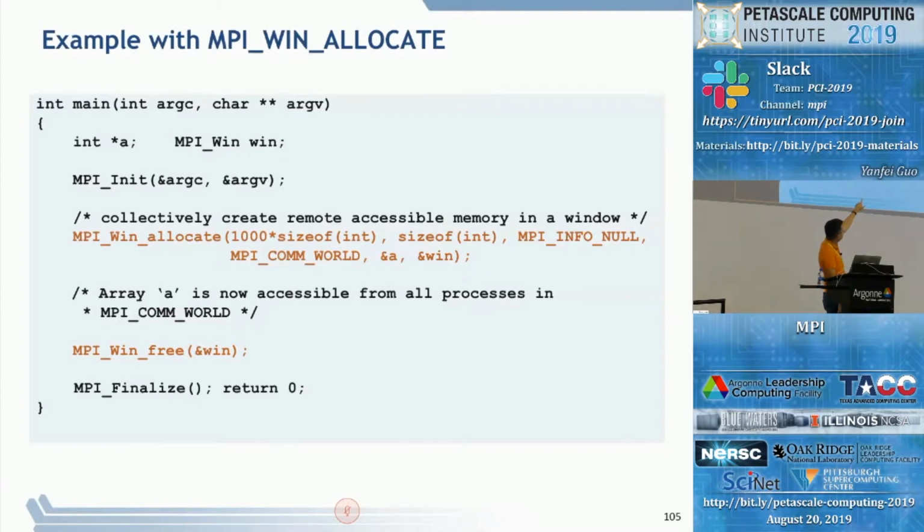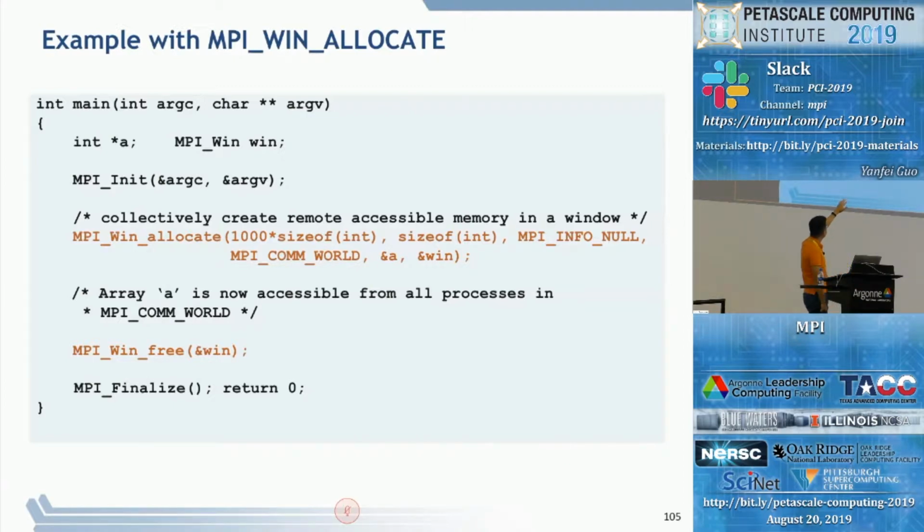The displacement unit will be the size of integer, which in this case is 4. And we don't give any special info hint here. Then A is the memory buffer that gets allocated, and the window.